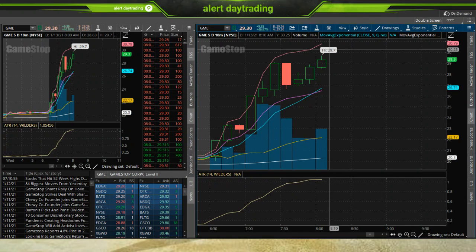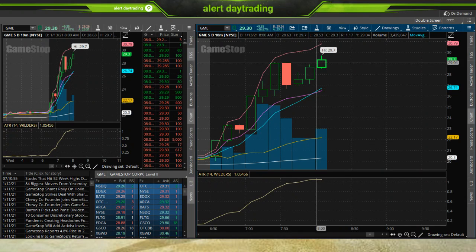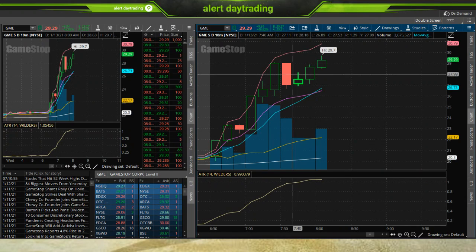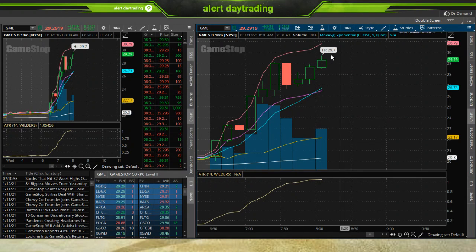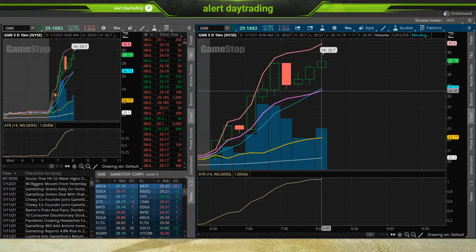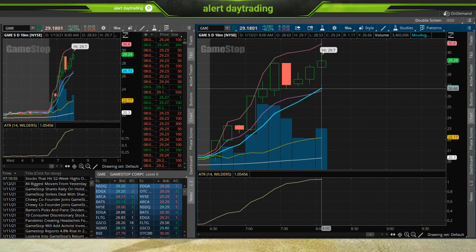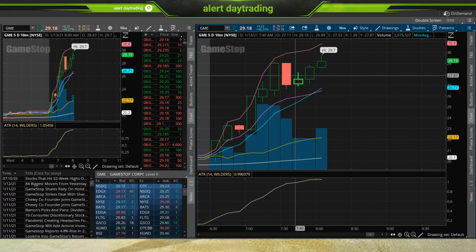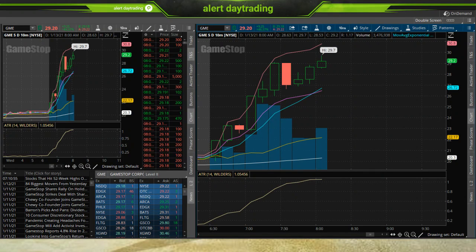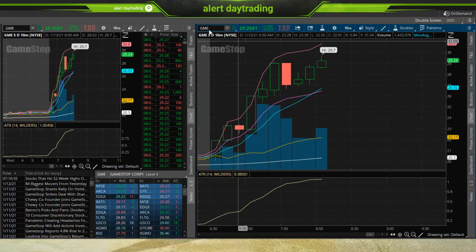But once we do take profits, then I'd go straight to break even. And then if the trade continues even higher, once the EMA, the blue line, is above the break even level, I'll continue to raise it with the EMA. So that's the current trade I'm in right now.